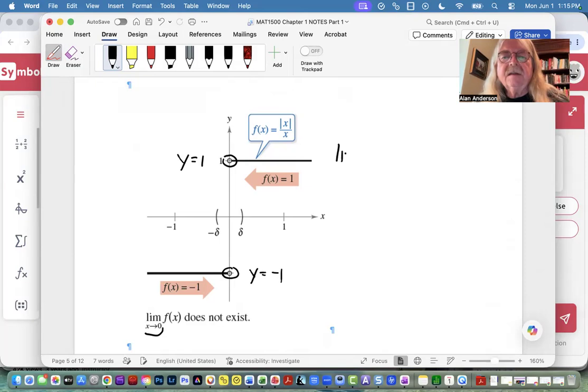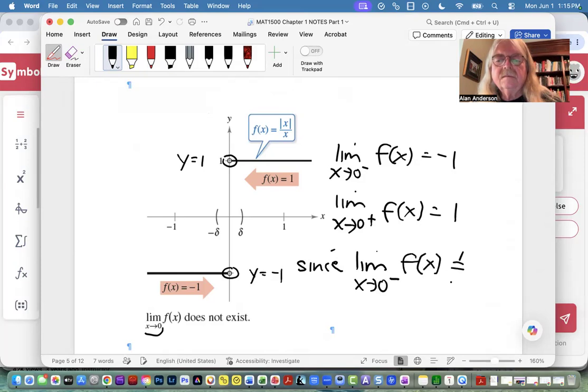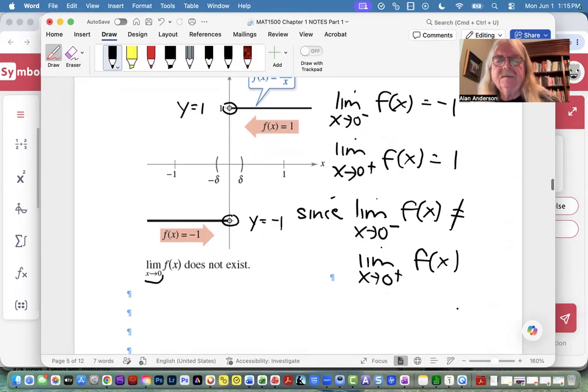So we would say that the limit as x approaches 0 from the left is -1. As it approaches 0 from the right is +1. And since the two do not match, we say that the limit does not exist.